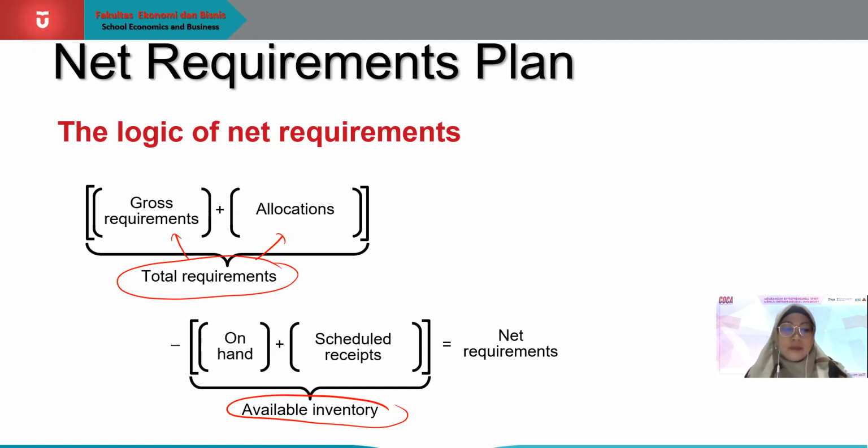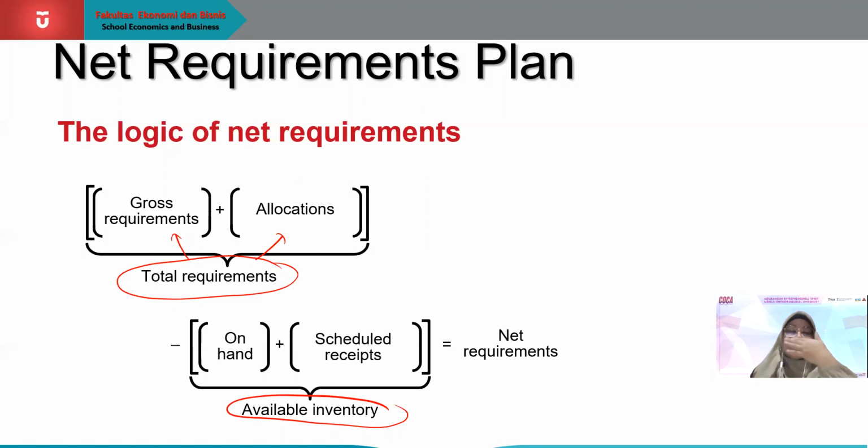Meanwhile, the available inventory consists of two components or two indicators. The first one is on hand, project on hand, which is the component or product that you already store in your warehouse, or scheduled receive.